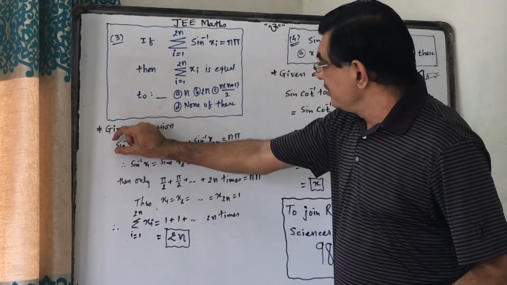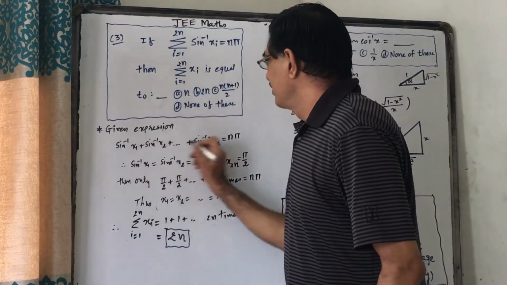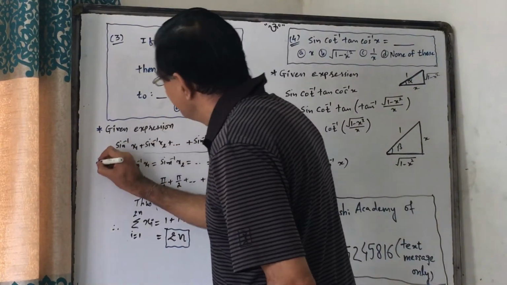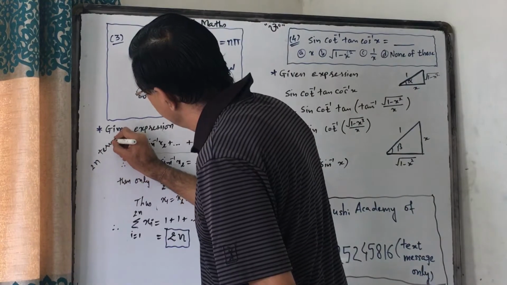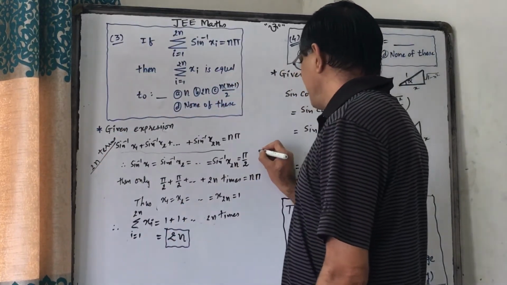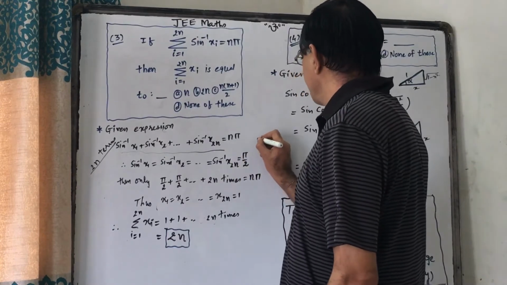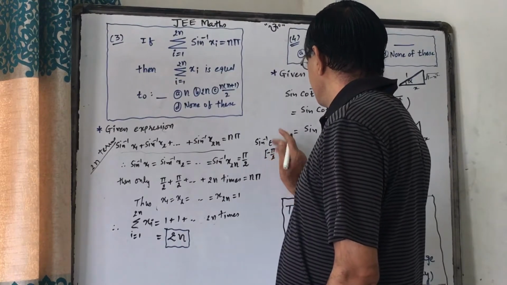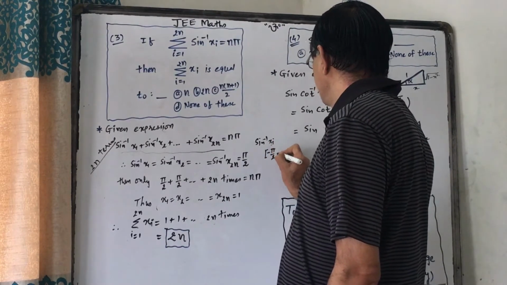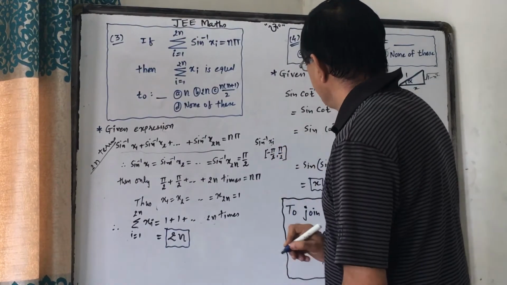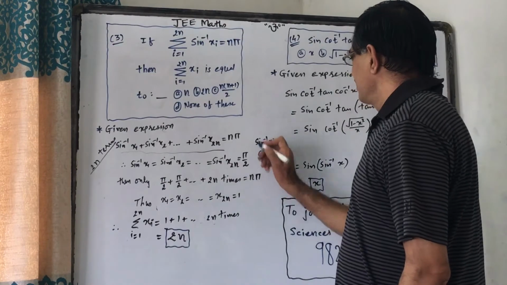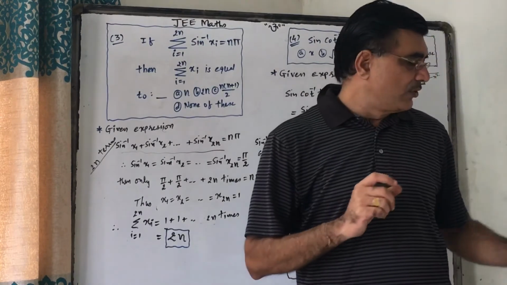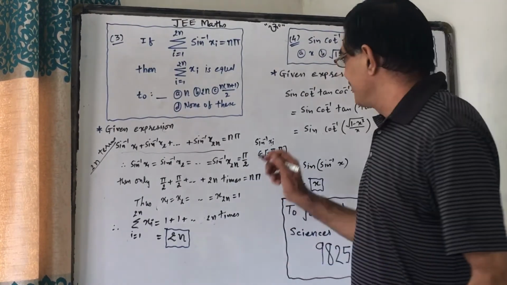Now see, these are total 2n terms. And we know that the range of sin inverse is between minus pi by 2 to pi by 2, closed interval.